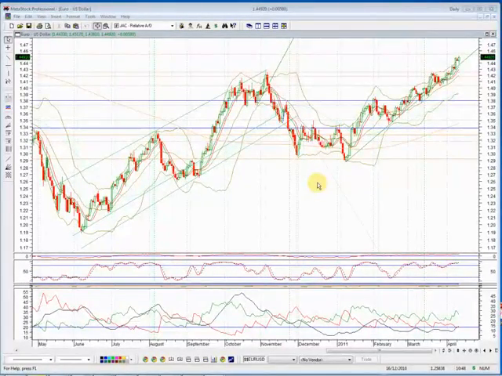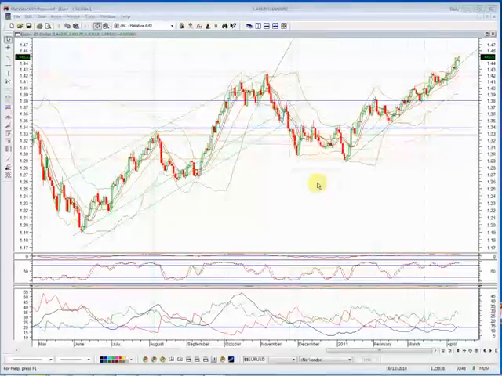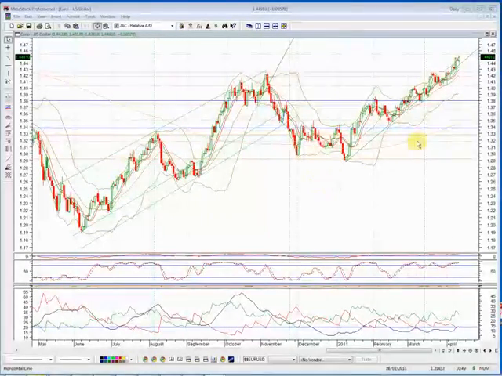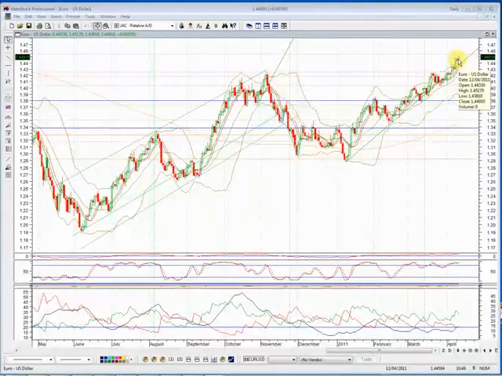So we have here the Euro-US chart, and people that have been following me know that I mentioned how important that resistance level here was. We traded above that resistance level last week and proceeded higher.